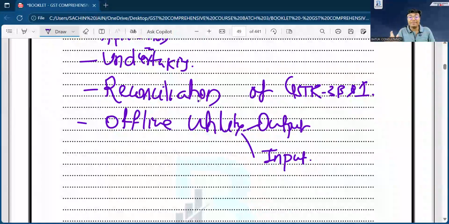And if a particular invoice is not available in 2B, you have to provide multiple documentation to the departmental authority, and even then they are not supposed to give you a refund for that specific invoice for which no ITC is reflected.